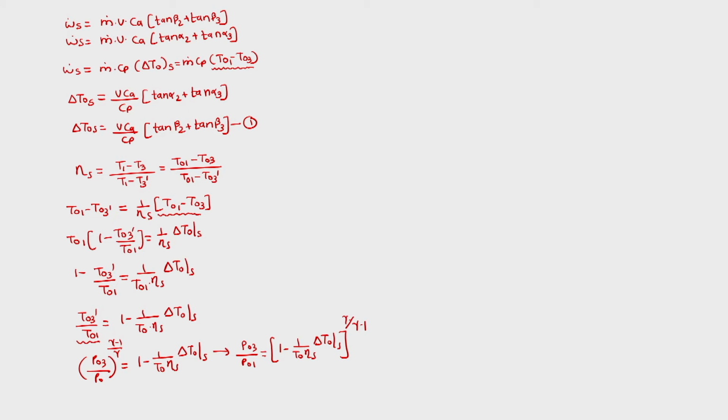So there are two parameters which one should know while working with the turbine. The first parameter is called the blade loading coefficient, and it is denoted by psi. Its expression is stage work divided by half u square.